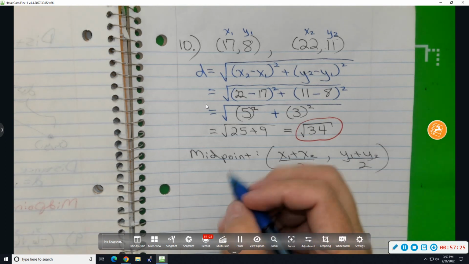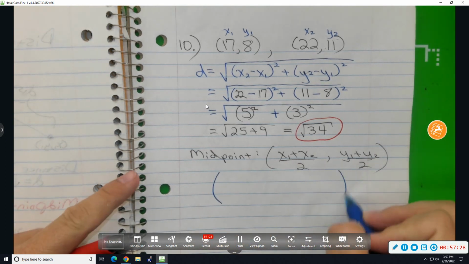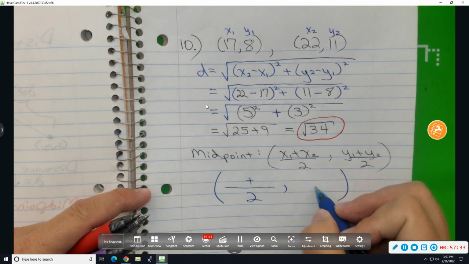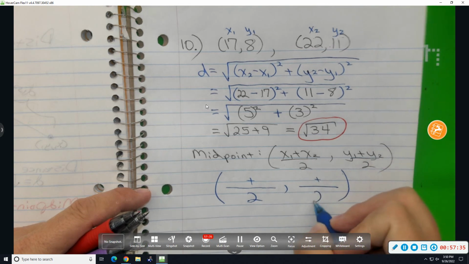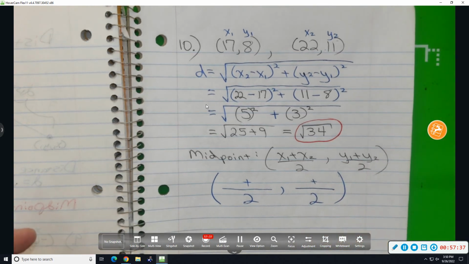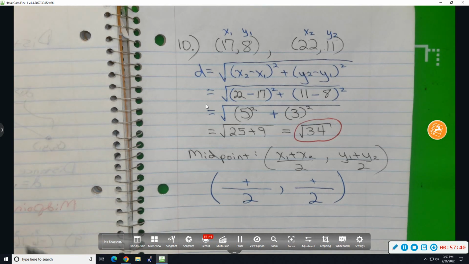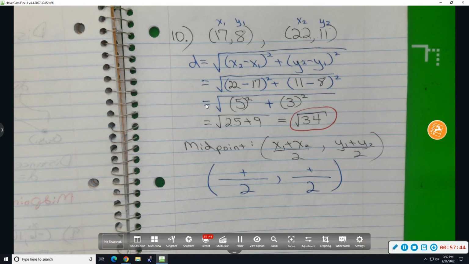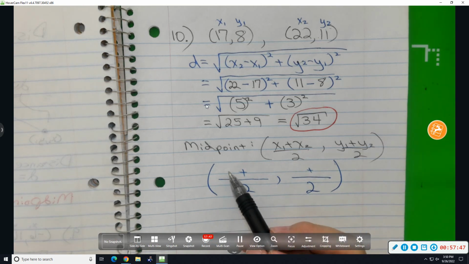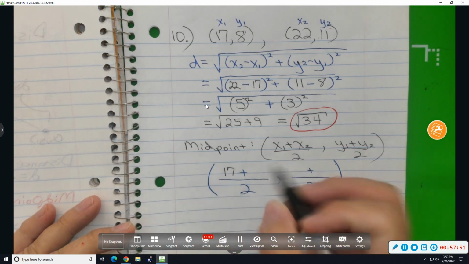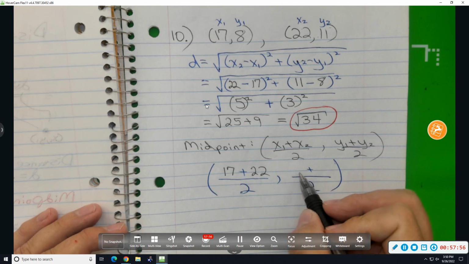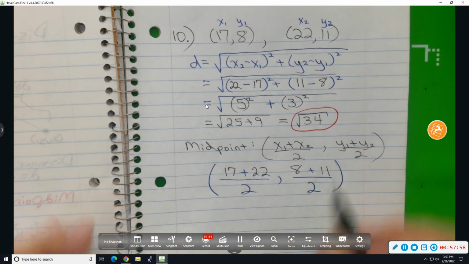So we're averaging here 17 plus here 8 plus 11, good.